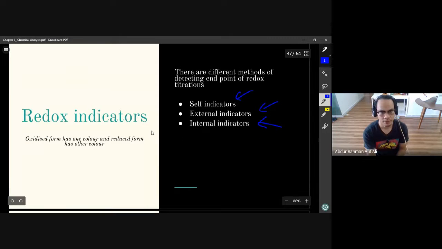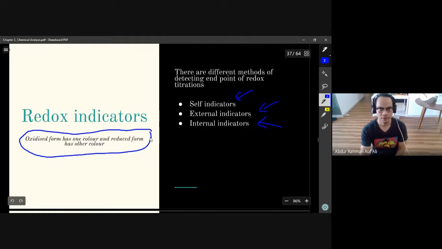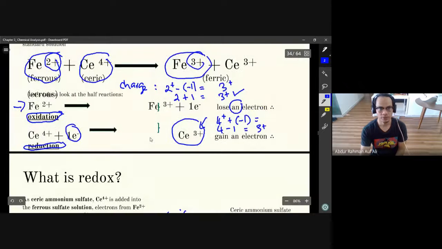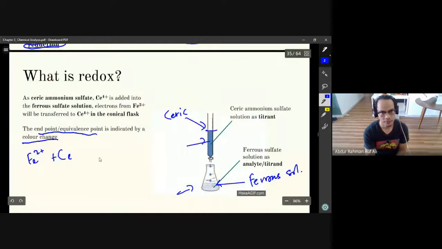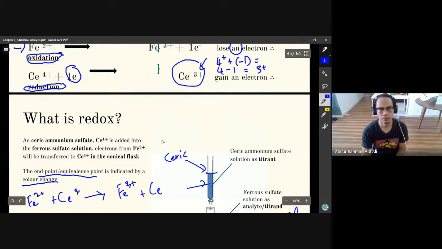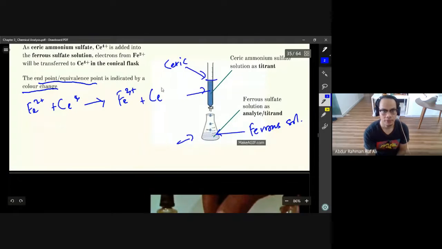Okay, here I wrote: an oxidized form has one color and the reduced form has another color. So if I take the example of this ferrous and ceric ammonium sulfate, if we titrate, we already know Fe2+ plus Ce4+ produces Fe3+ plus Ce3+ also.